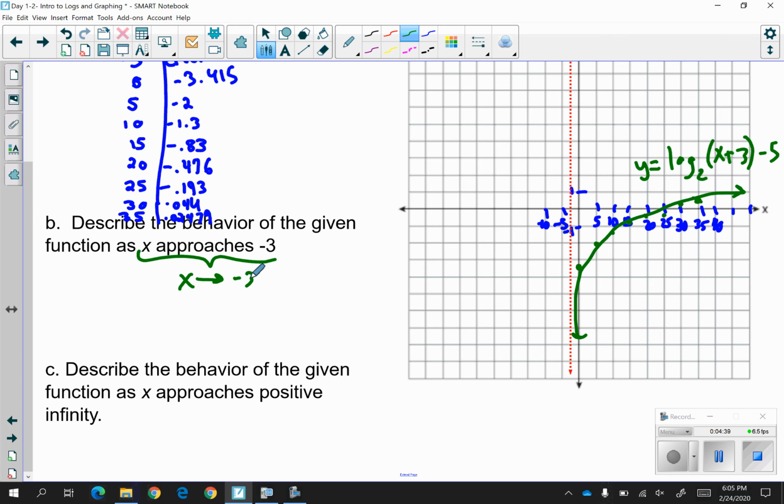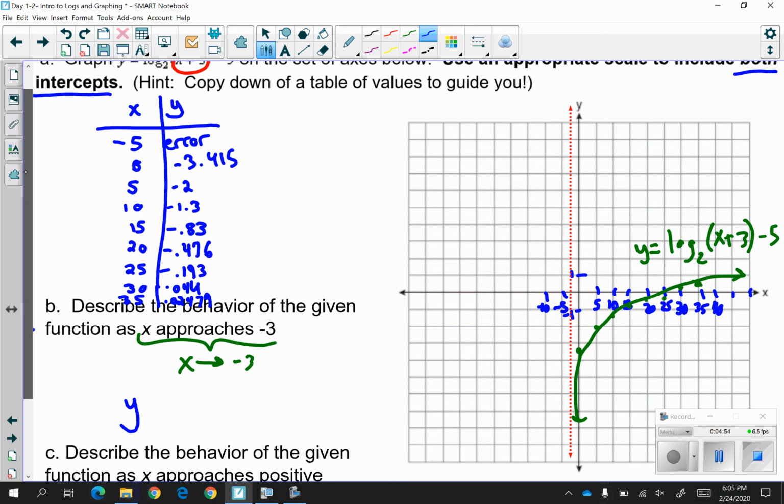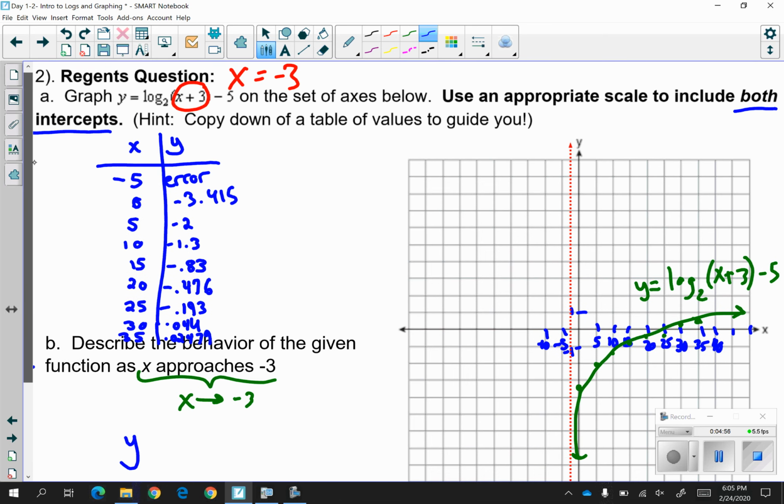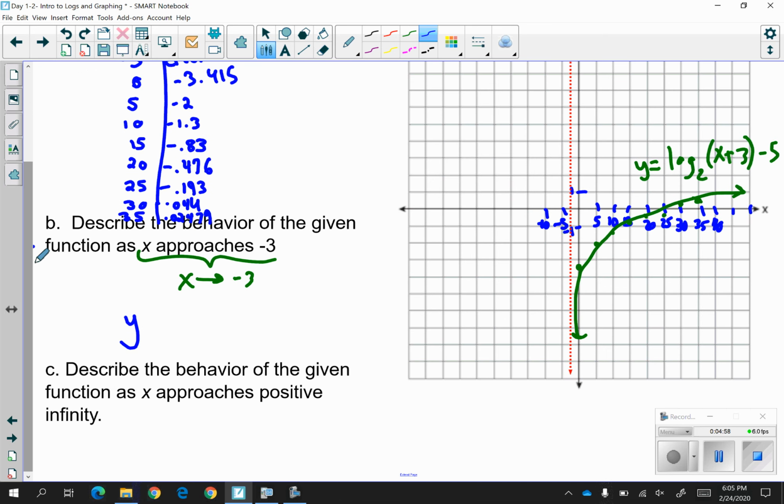And if you look at the graph, as you're approaching the asymptote, you're heading down. So we usually write f of x goes towards, but in this case, we have y as our equation, not f of x. So I'm going to write y approaches negative infinity as our answer.